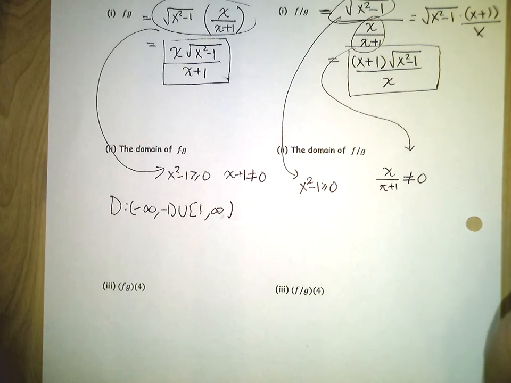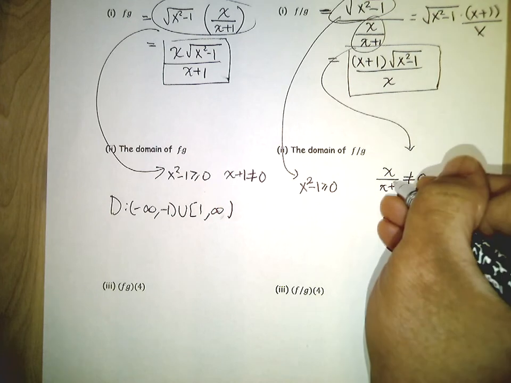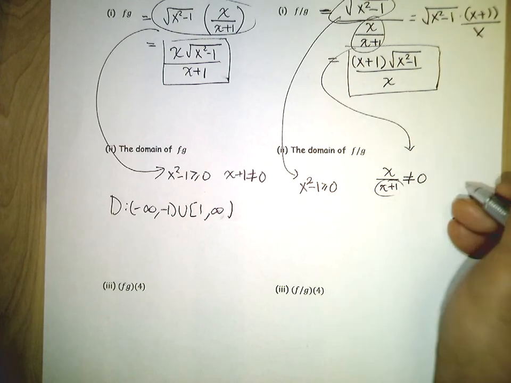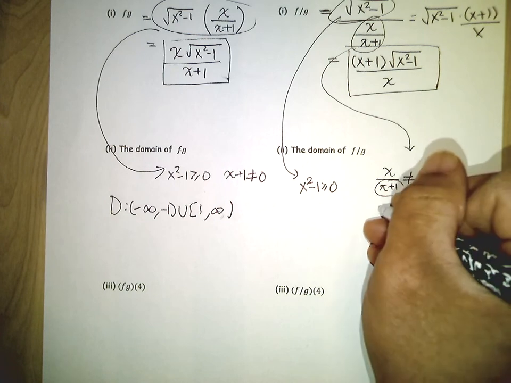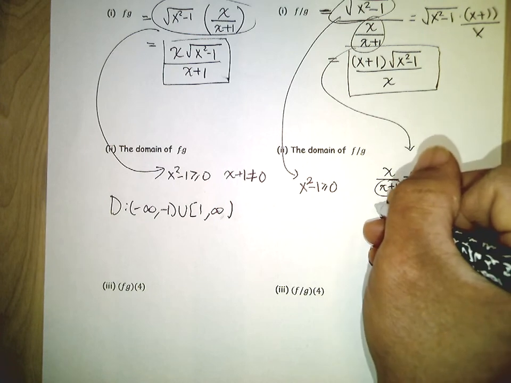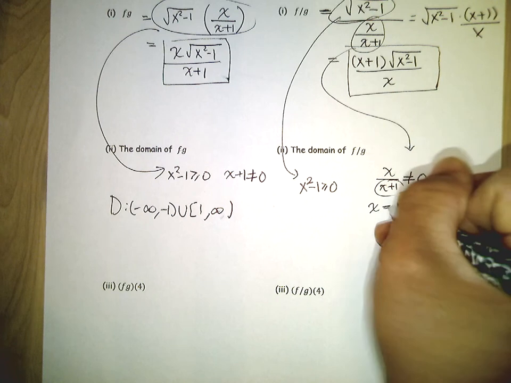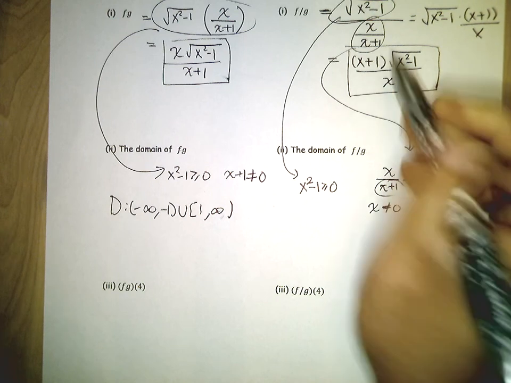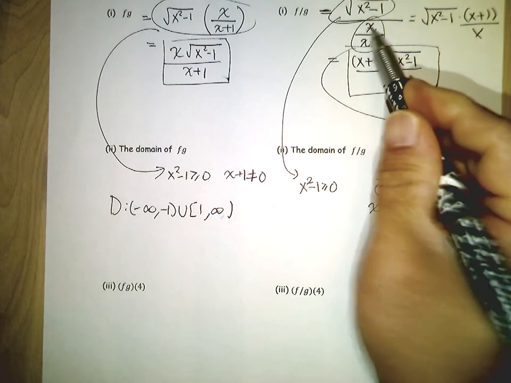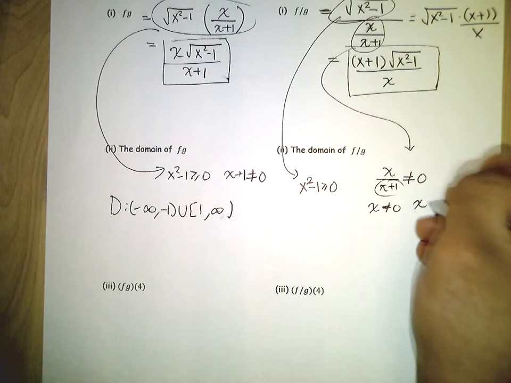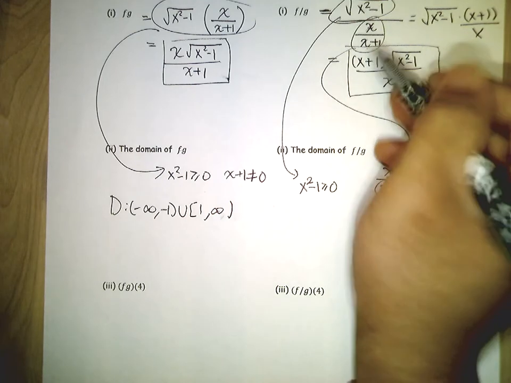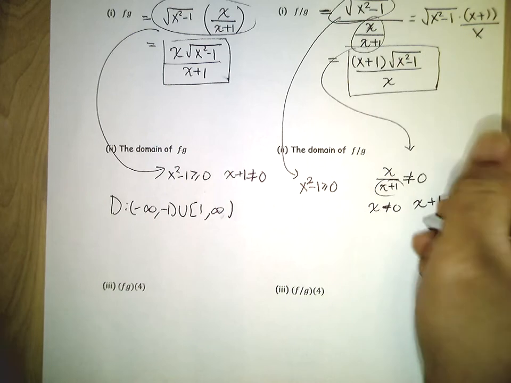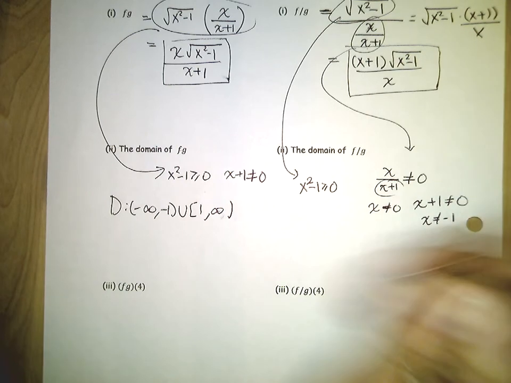And again, the denominator of this cannot equal 0. So remember that again, x cannot equal 0 because it would make the denominator here equal to 0, and x plus 1 cannot equal 0 because it will make the denominator of the denominator equal to 0. So x cannot equal negative 1.